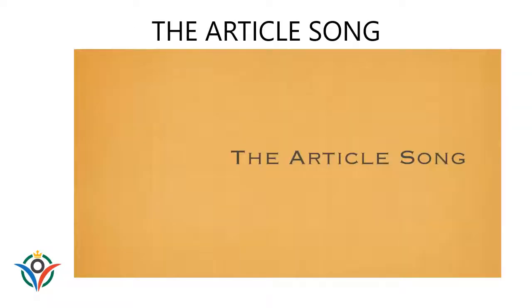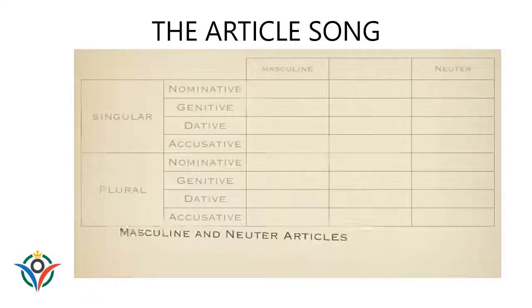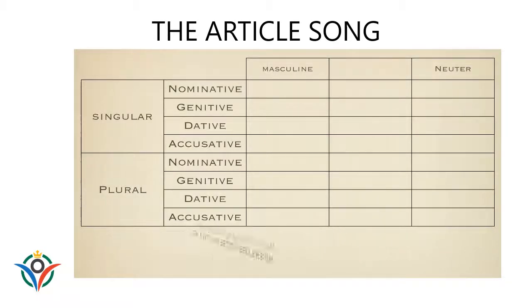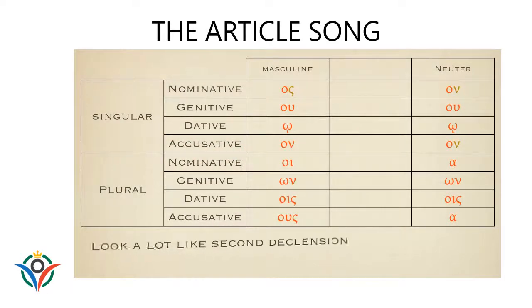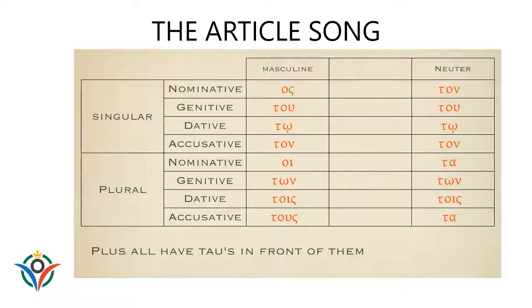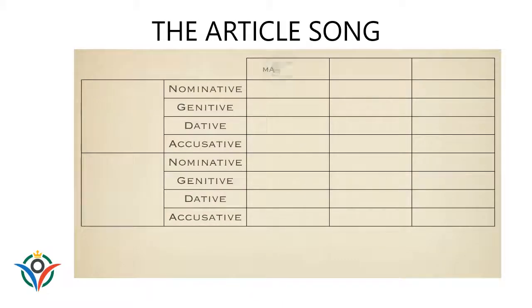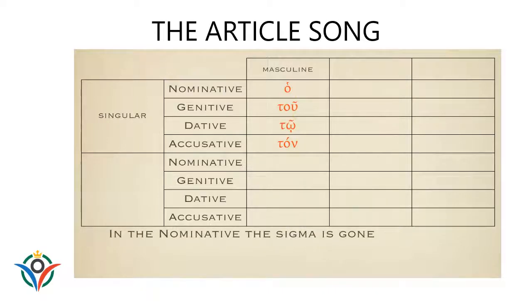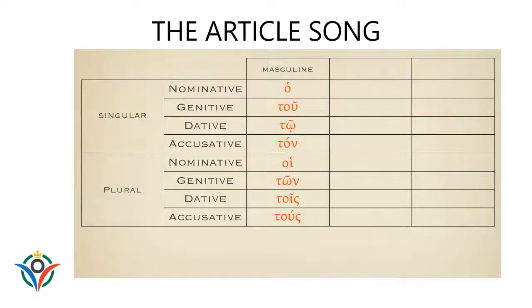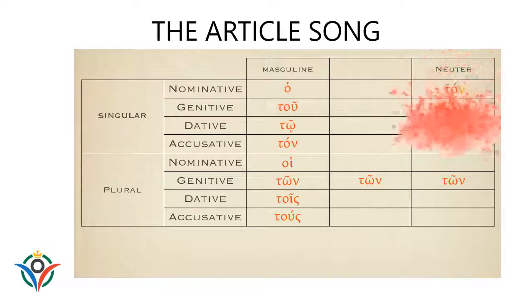A catchy song that will assist you to memorize the various articles. Masculine and neuter articles look a lot like second declension, plus all have towels in front of them, but masculine nominative has rough breathing instead. Masculine singular, Ha, tu, to, ton. In the nominative the sigma is gone. masculine plural, Hoi, tone, tois, tus. In every gender tone is reused. neuter singular, Ta, tu, to, ta.